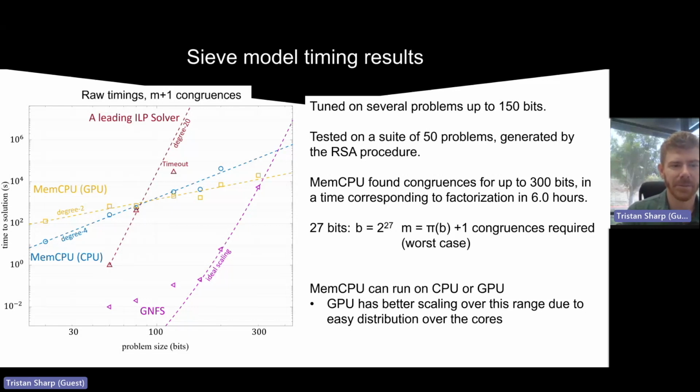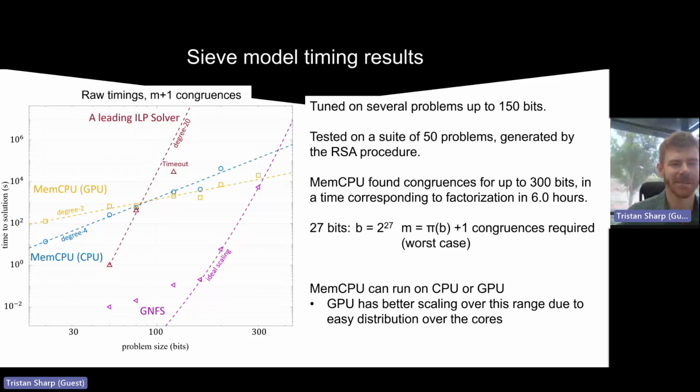And the GPU has better scaling because over this range of sizes, you can easily distribute it over all the cores. Probably these dashed lines are catching the eye. They're just, if you insist on fitting a polynomial, you get degree 2 for the yellow line, and the blue line has degree 4.